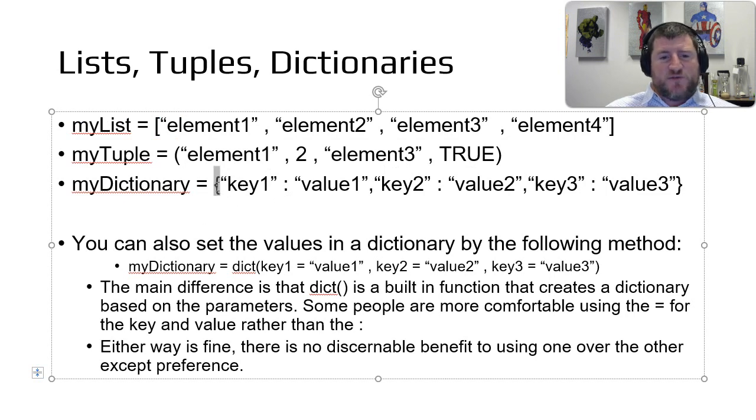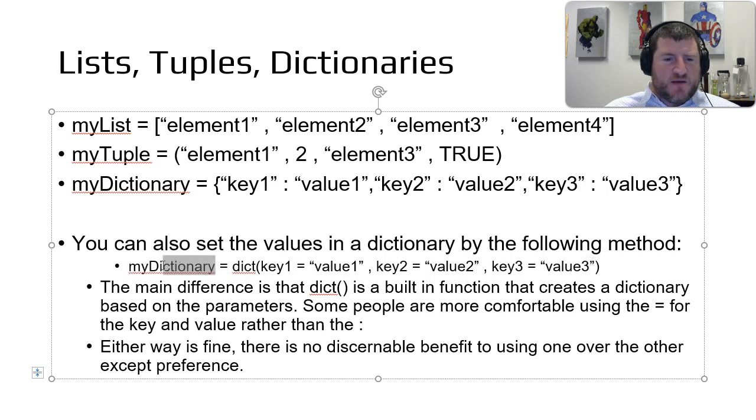And a dictionary uses braces, or curly braces, the squiggle brackets, whatever you want to call them. But when you use a dictionary, you have to have a key and a value, and every key has a value associated with it. Now, another way you can set the values in a dictionary is to follow this formatting.